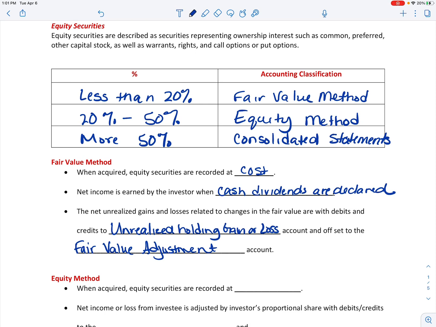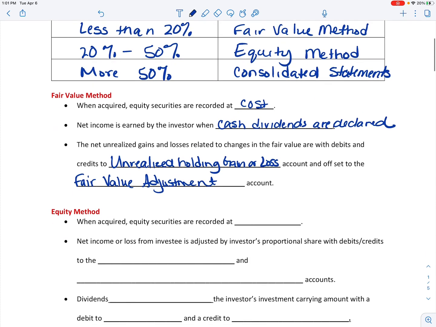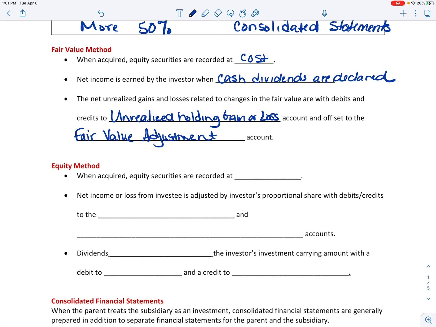Under the equity method, remember equity method is 20 to 50%. And so that shows that the investor has some significant influence over the investee.